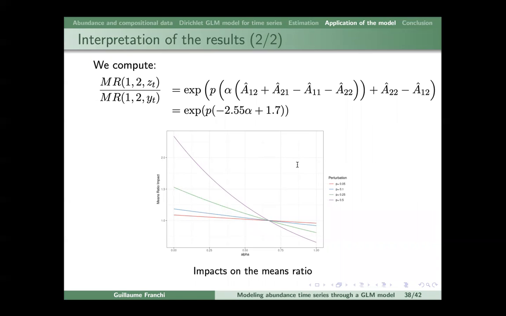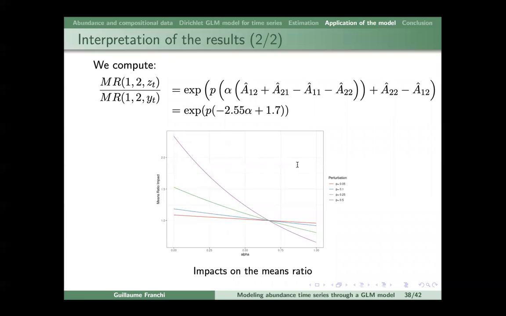Because if alpha is equal to 1/2, it means it is a situation where you just add some individuals of the last species. So you increase the last species, but you don't really touch the other ones. You don't hunt them, you don't decrease them. You just add some individuals of the last species. And here, the impact is 1, it is here. So it is greater than 1.